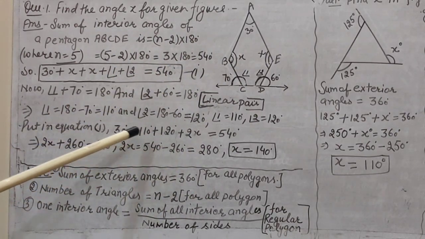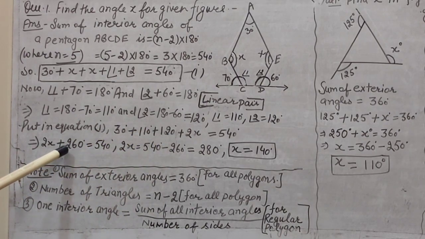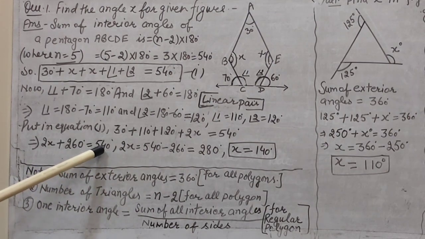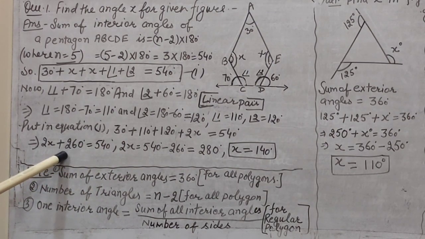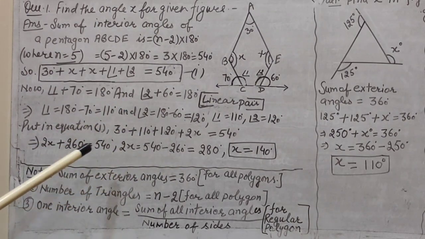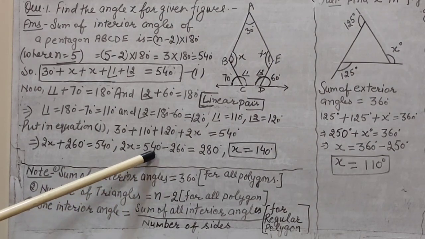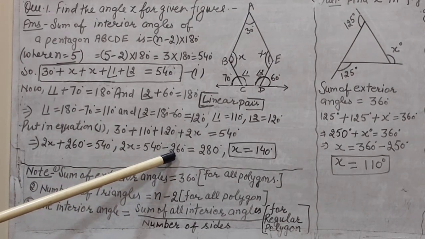Now add these three angles, that is 30, 110, 120. We get total 260. 260 plus 2x is equal to 540. Transpose 260 towards right hand side, and it's subtracted from 540 degree. So 2x is equal to 540 minus 260 degree.